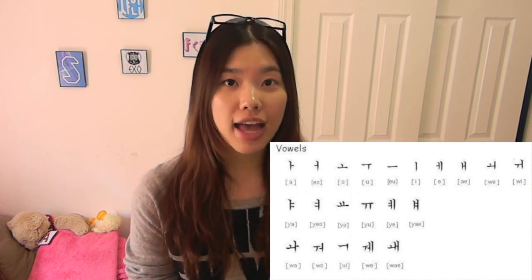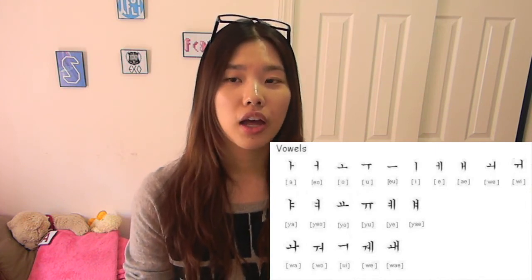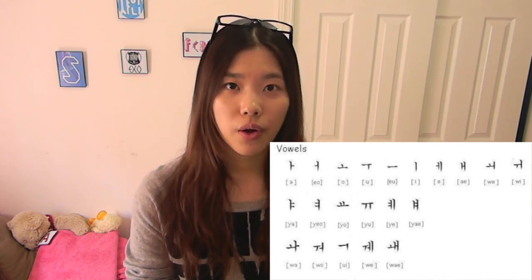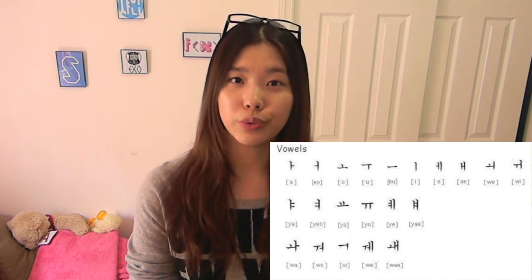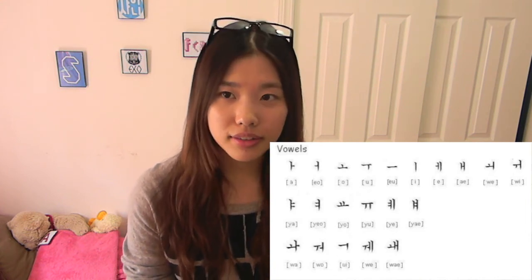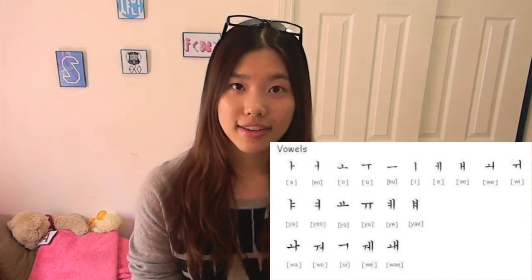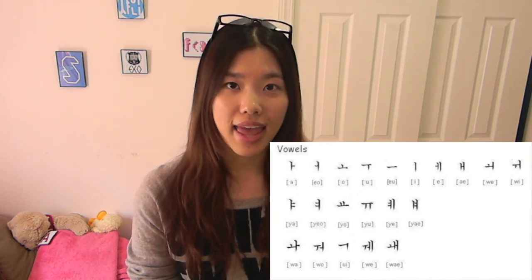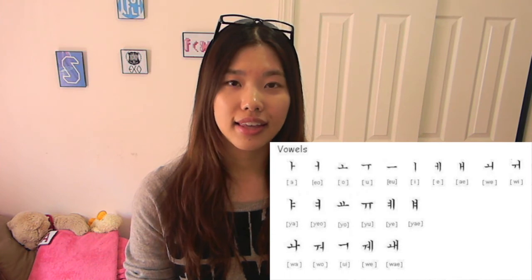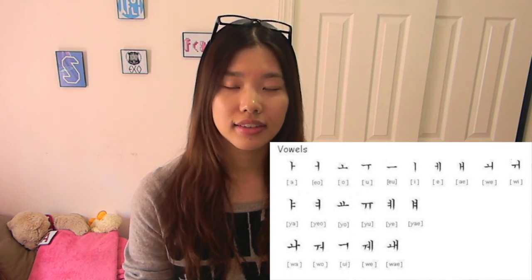We have Ya, Yo, and Yu. Then we have the 5 iotized diphthongs. We have Ae, Ye, and Ui.